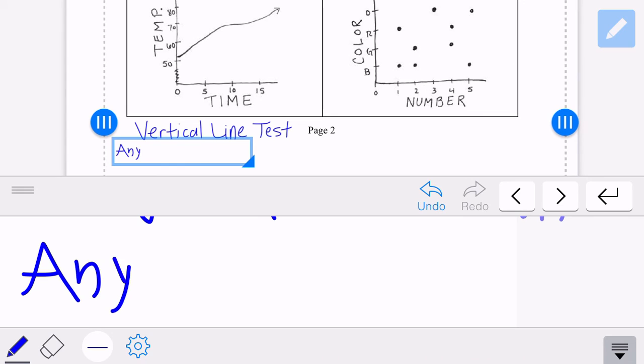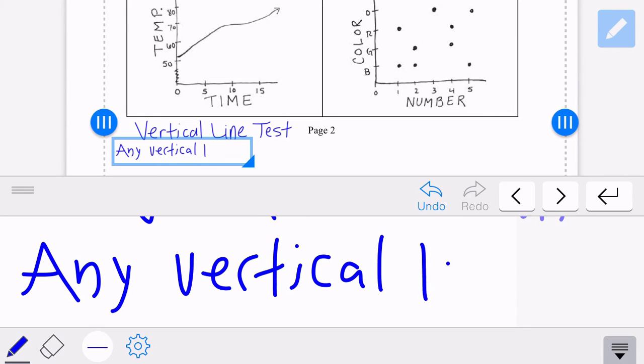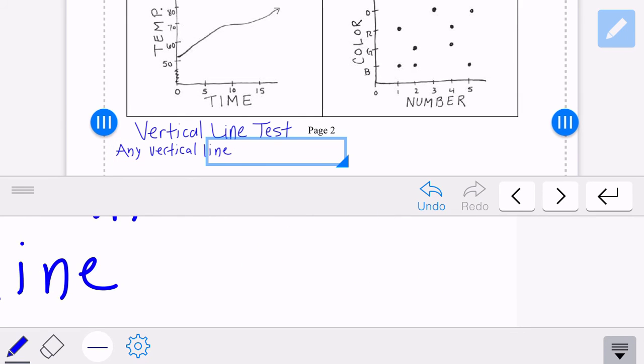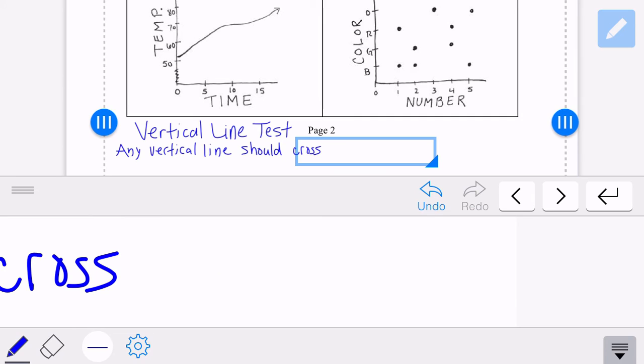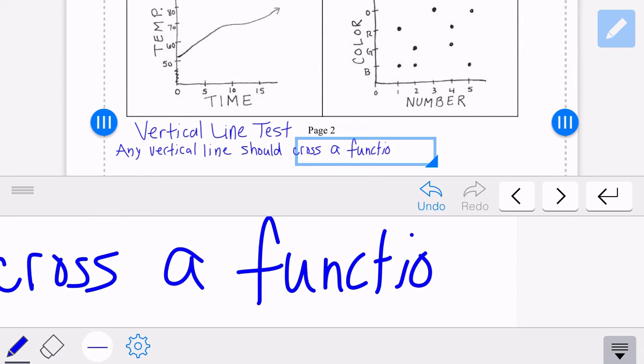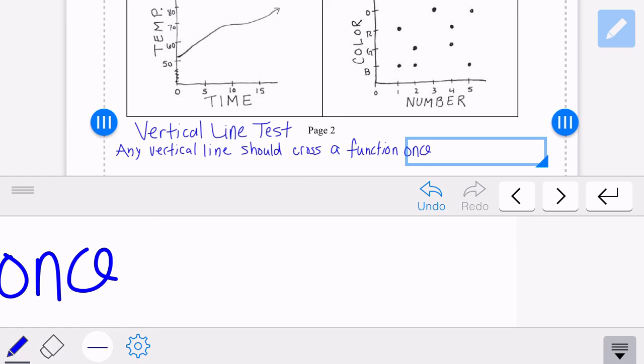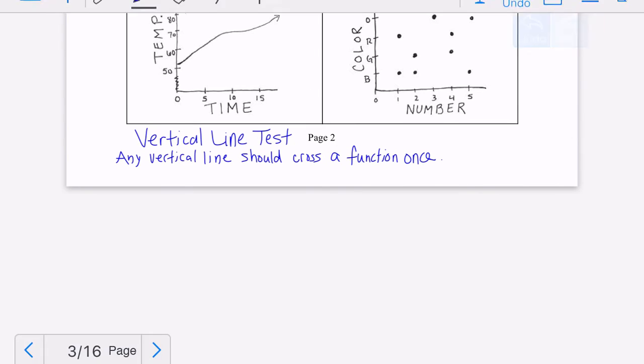So any vertical line should cross or intersect a function once. That's kind of an ugly E, sorry. Once is what that says if you can't read it.